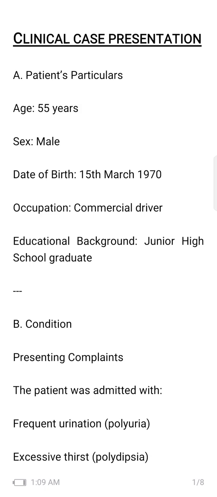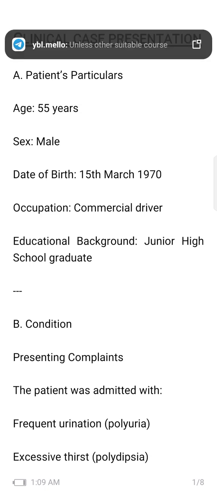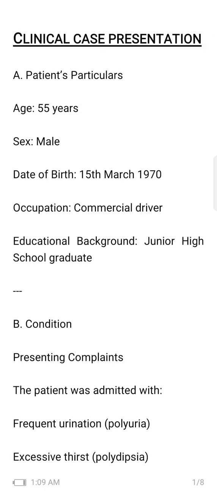And some organizations or institutions might give you the parameters, the things that you have to follow to write those case presentations. So today, we are going to look at how we can write a case presentation using certain structures, certain parameters.